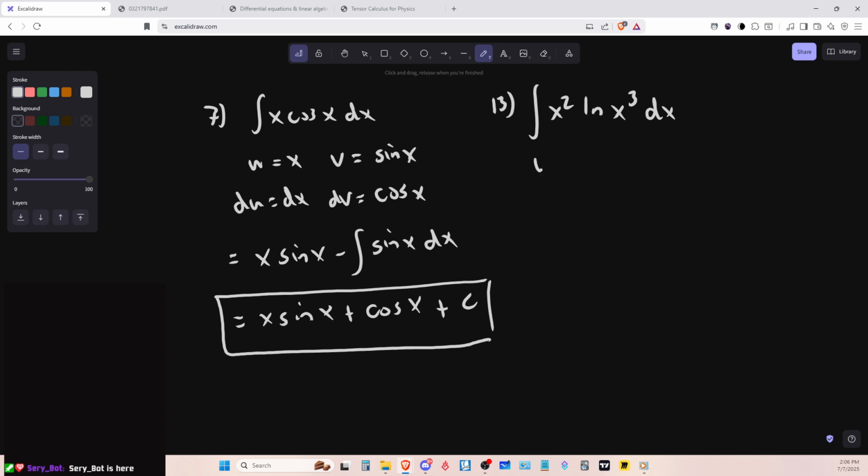so we need to pick a u. I know there's also tabular, but I don't think this one is going to be good for tabular. Let me erase this because I don't know how much space we're going to need.